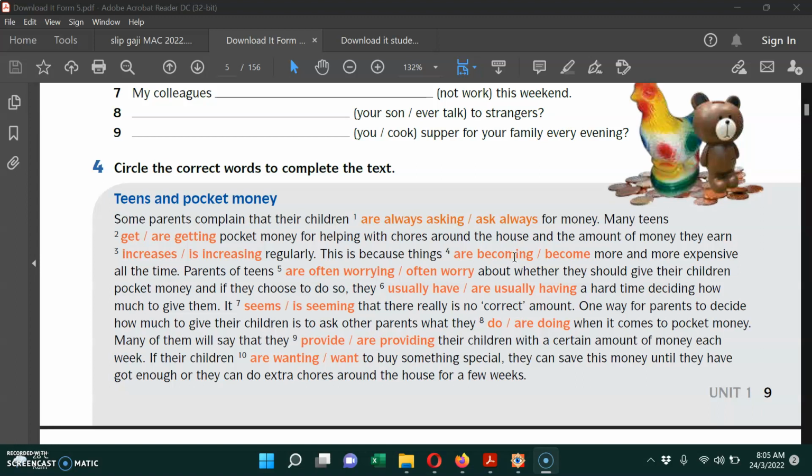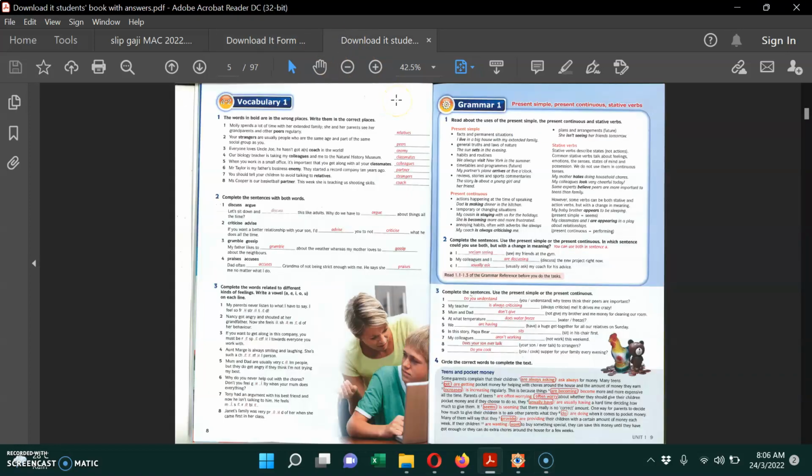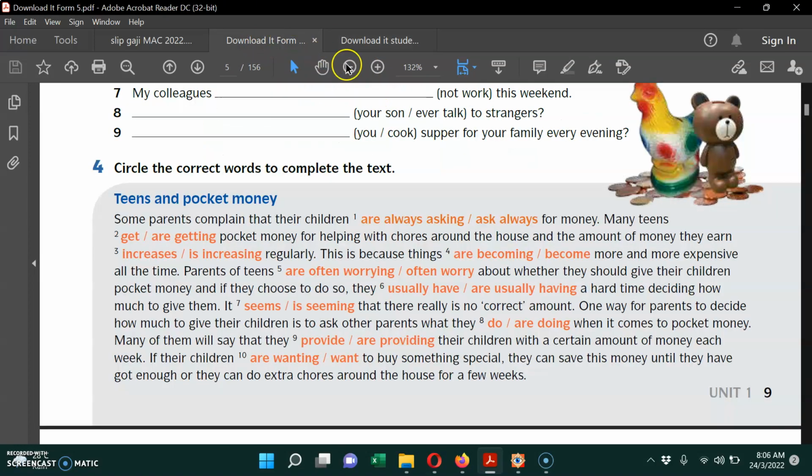Number 2, many teens get pocket money for helping with chores around the house, and the amount of money they earn increases regularly. Okay. So number 1 are always asking for money. Number 2 get, and number 3 increases.